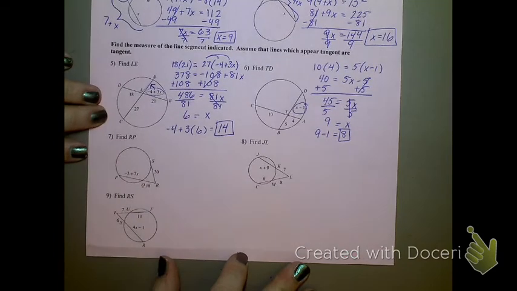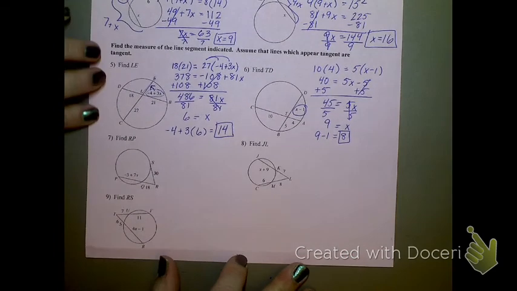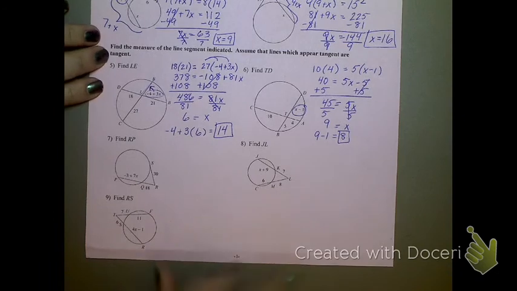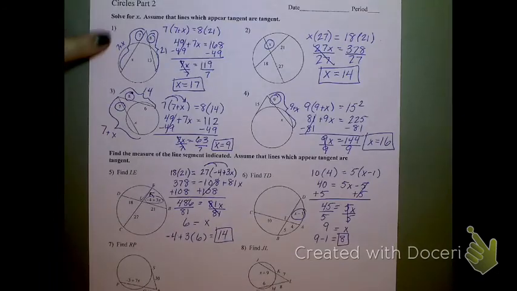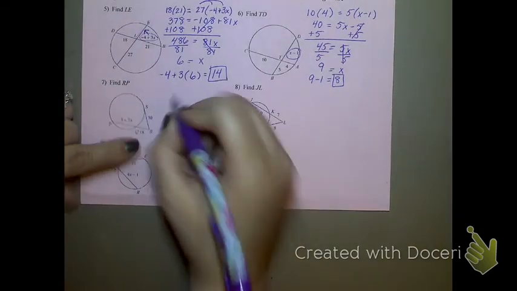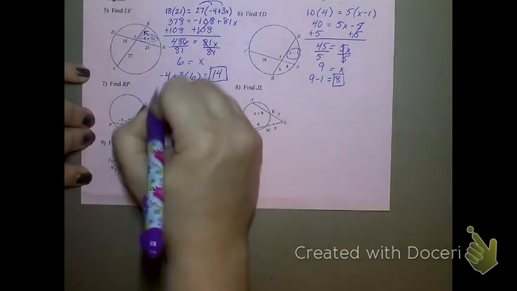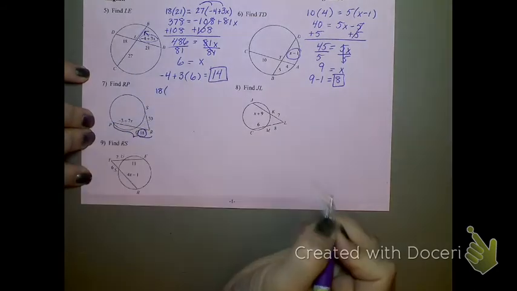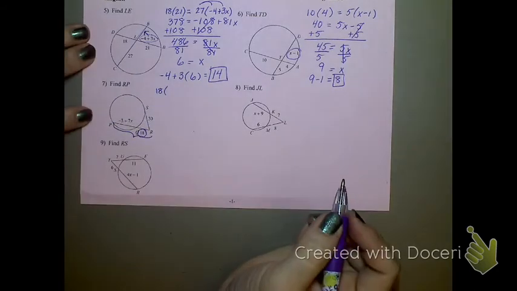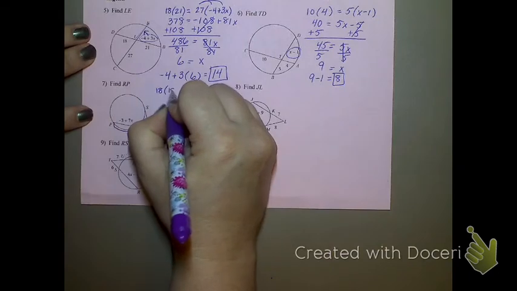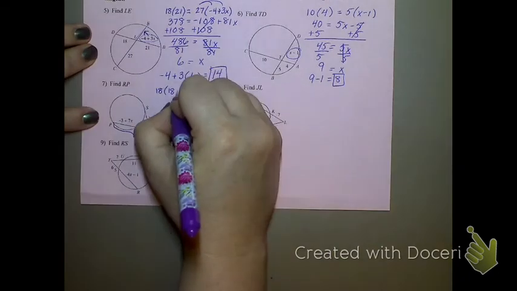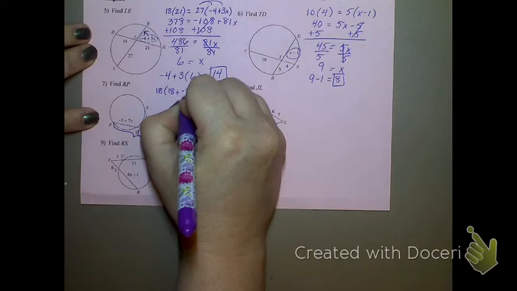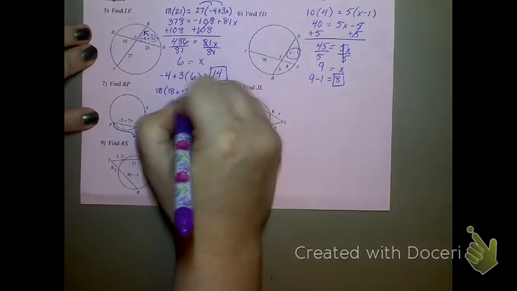All right, what is number 7 going to be set up like? 1, 2, 3, or 4? Number 7, what kind of picture does that look like? Looks like number 4. So I'm going to say that the outer part times the whole thing. What's the whole thing? 18 plus negative 3 plus 7x.